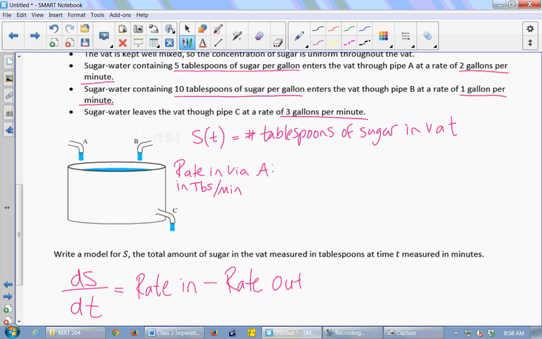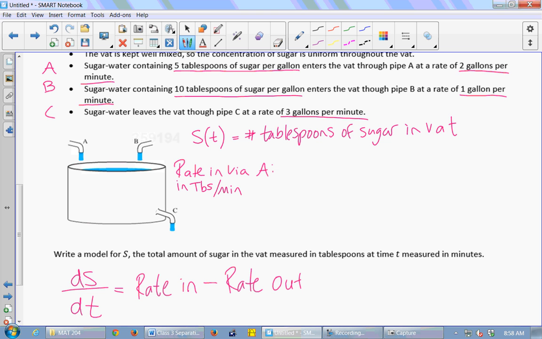Okay, so they didn't give us that. They gave us tablespoons per gallon and gallons per minute. We can use gallons, we don't have to convert to liters. Oh, sorry, that was pipe B. Here's A, B, C. They are both 10 per minute.